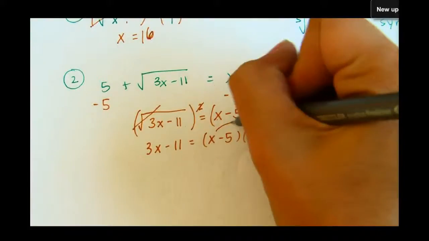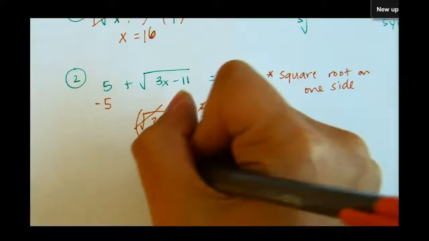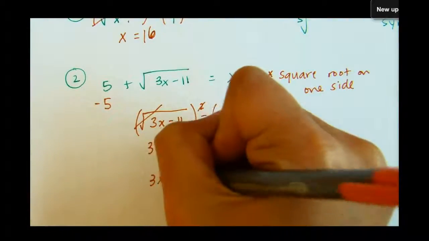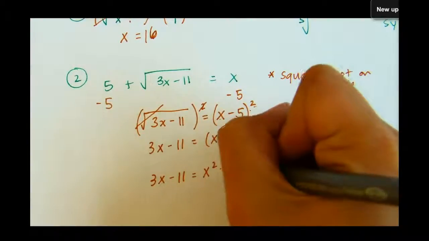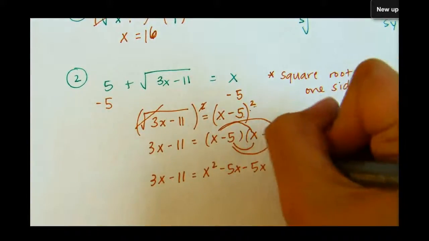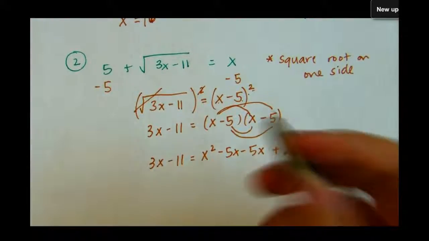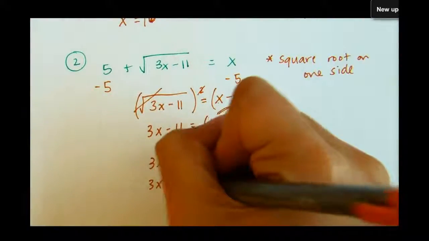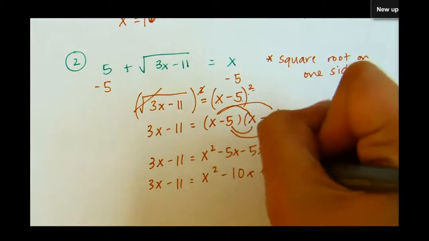So now I've got to distribute out and multiply through. So this becomes 3x minus 11 equals x squared minus 5x minus 5x plus 25. Now I'm going to keep simplifying, so I've got 3x minus 11 equals x squared minus 10x plus 25.